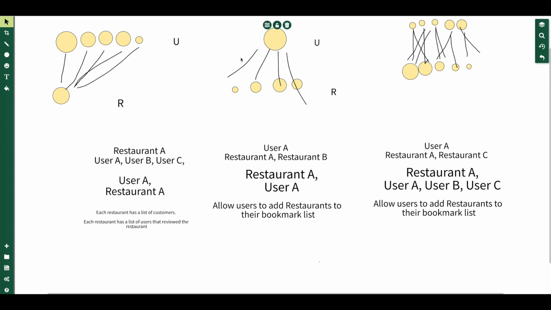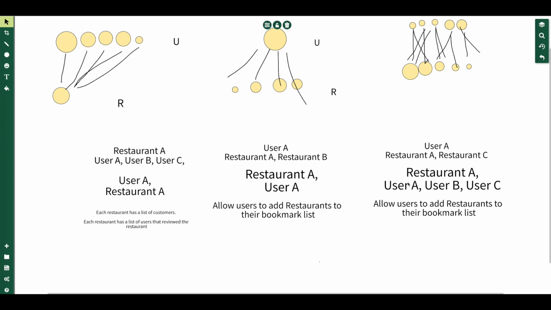The good thing about these relationships is that you clearly identify, in this case, a list of bookmarks. Obviously, restaurant A is bookmarked by user A, and user A has a list of bookmarked restaurants. If we take this example and transfer it to this one, allowing users to add restaurants to their bookmark list would also work. This would mean the relationship will be a bit different.